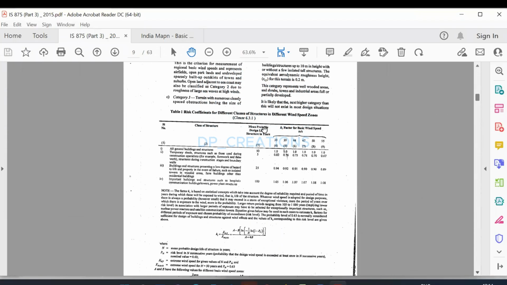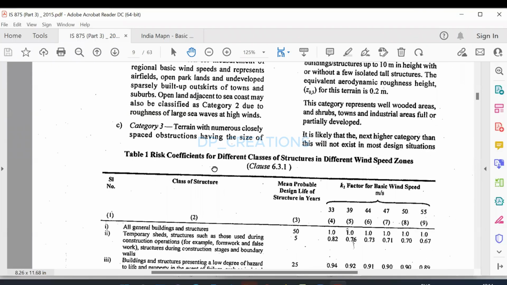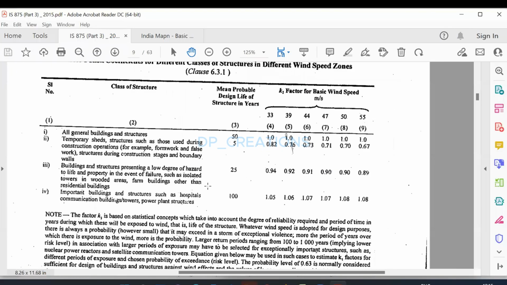So this is your table 1. See, type of structure, mean probable life period, and the K1 factors. See, for all general buildings and structures the life is 50 years, and everything is 1.